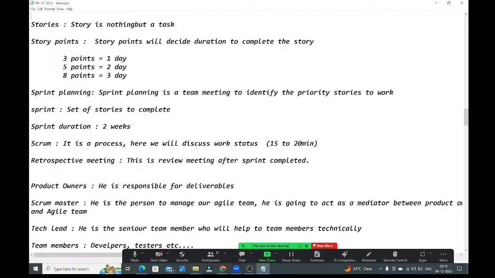You need to change the status before starting work. Before you start, first go and change the status. Then only the client can understand that he started working on the story. If you are working without changing the status, how will the client know whether you have started or not?